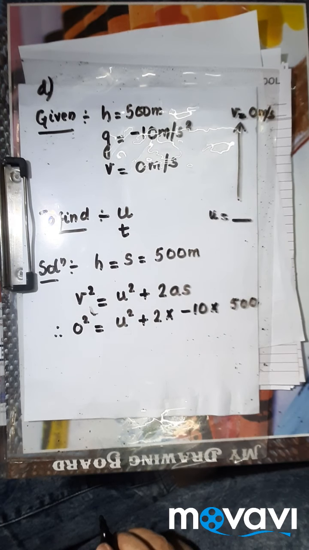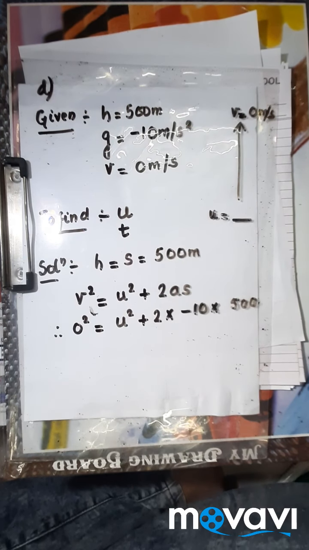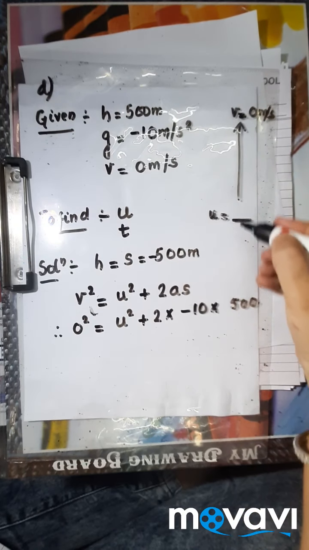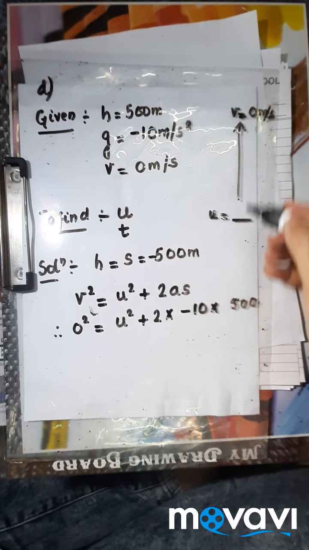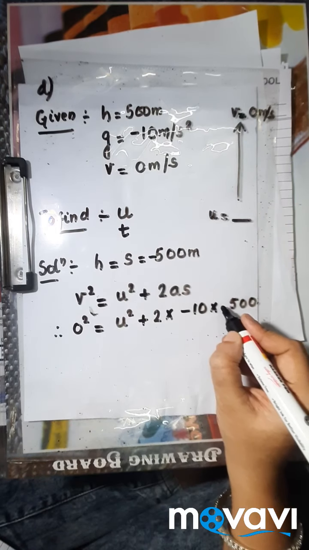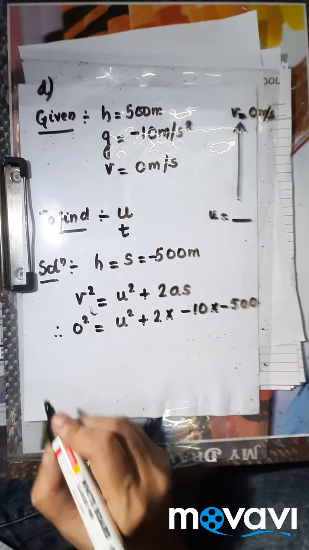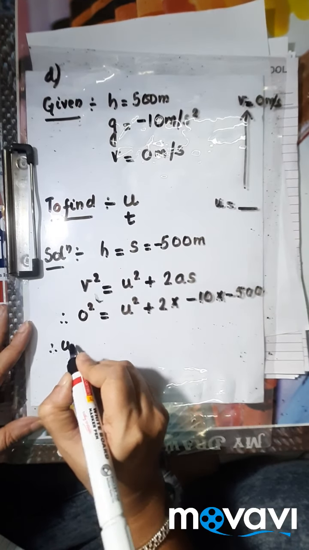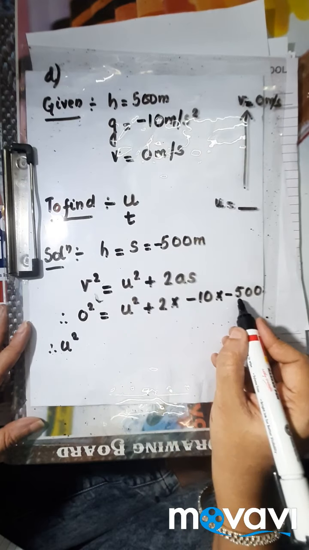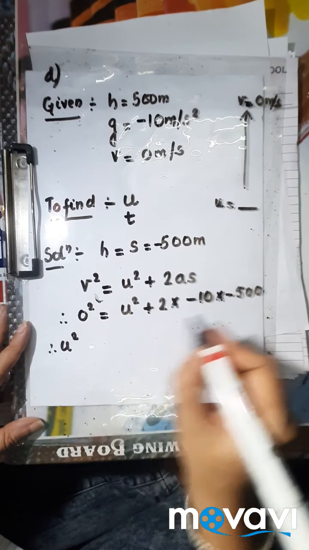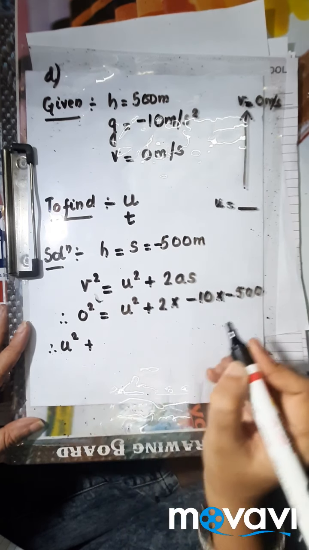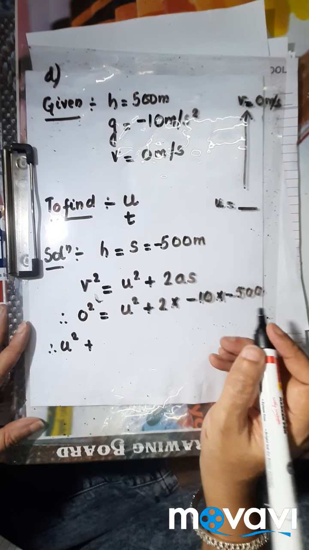Right now, what I also have to do is I have to take my height as negative, because I'm measuring it in this direction, right? So this is minus 500.